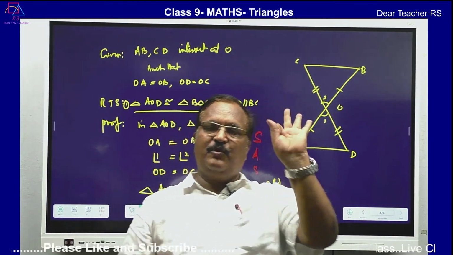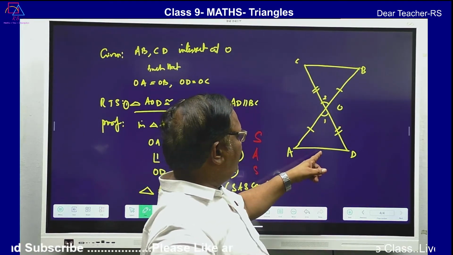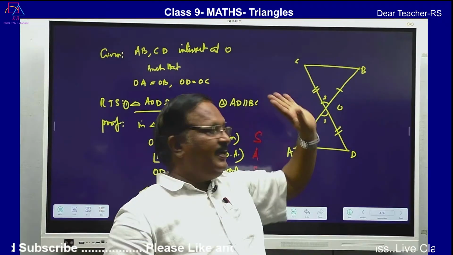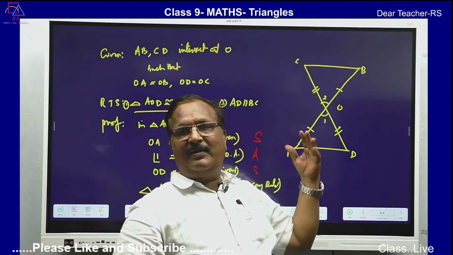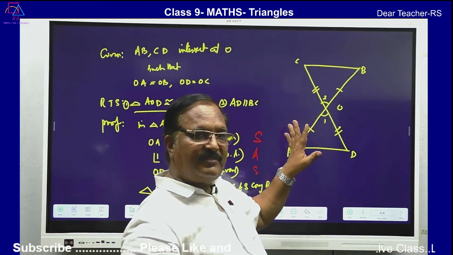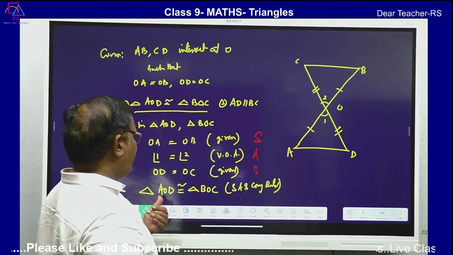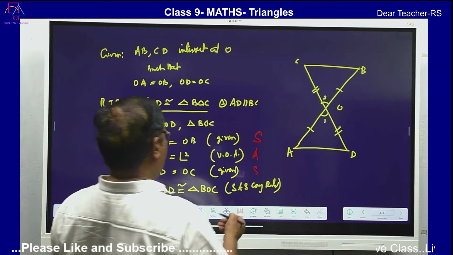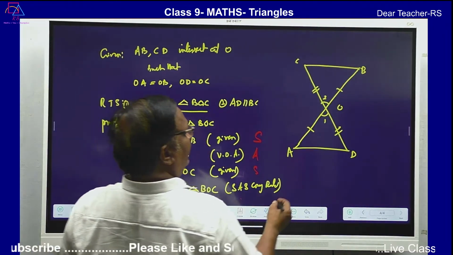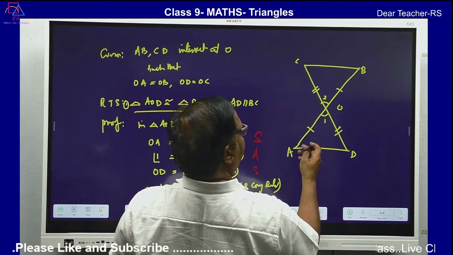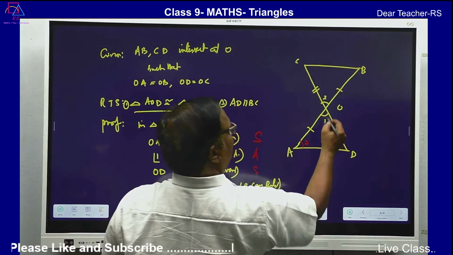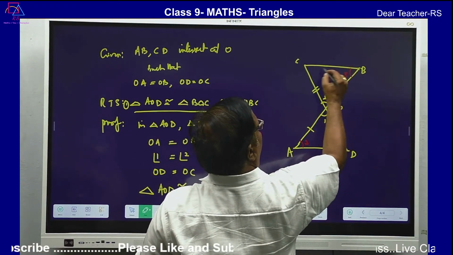With these three properties, you can show AD is parallel to BC. So either alternate angles should be equal or corresponding. Let us see what CPCT will give. CPCT: corresponding parts of congruent triangles. Let me write here, this is 3, this is 4, this is 5 and this is 6.